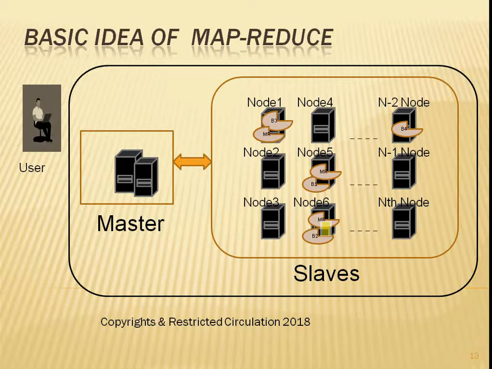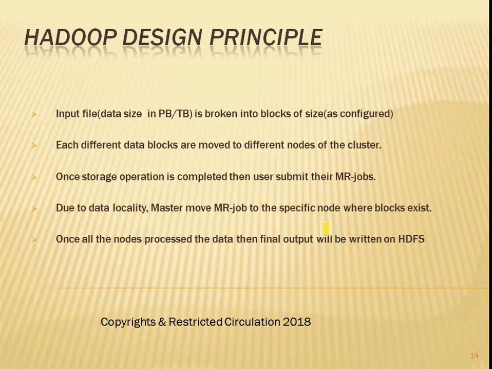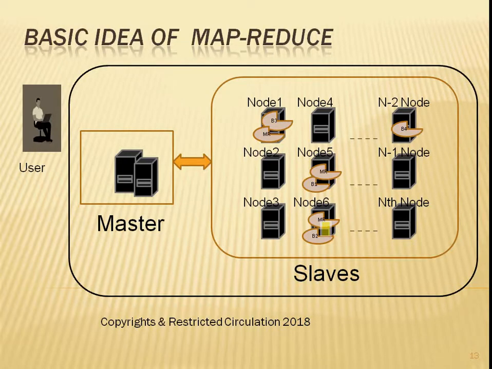That's it. These are the blocks which are required to process my MR job. So the master has that information, due to which it will send the MR jobs to these specific nodes, and after that it will process them and write the output back to HDFS.